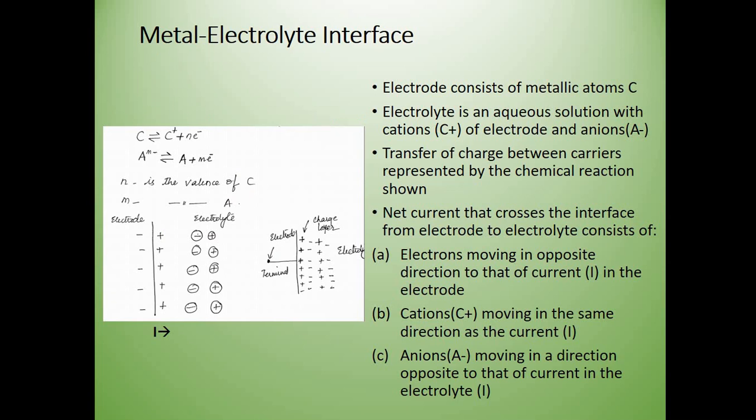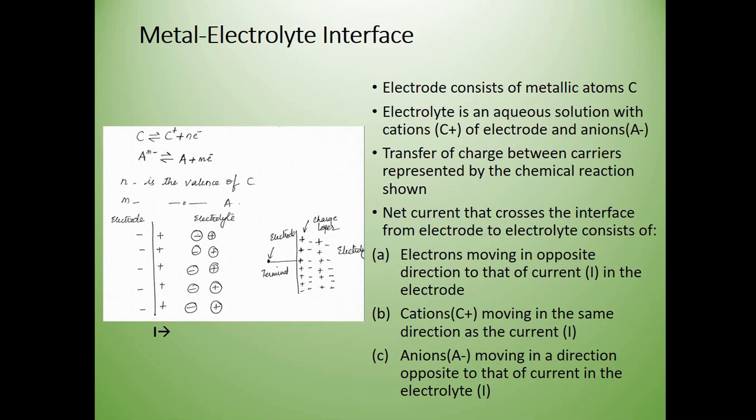Let us take up the first interface, which is the metal-electrolyte interface. Let us assume that the electrode consists of metallic atoms C. The electrolyte is an aqueous solution with cations of C+ and anions of the aqueous solution.